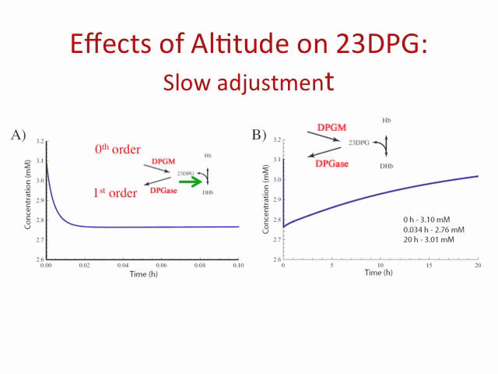Panel B shows what happens on the longer time scale. You see the blue curve drop very close to the y-axis, which is the short-term response shown on the left in panel A, followed by a recovery of the DPG concentration.